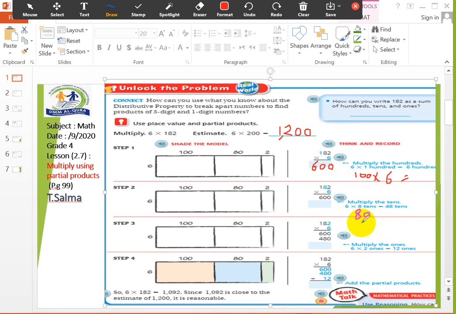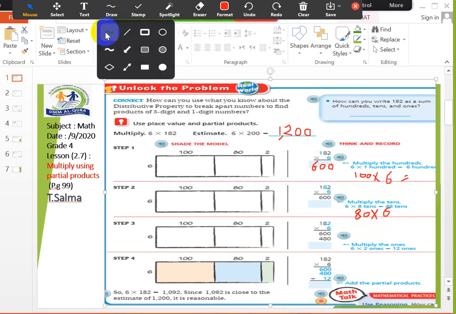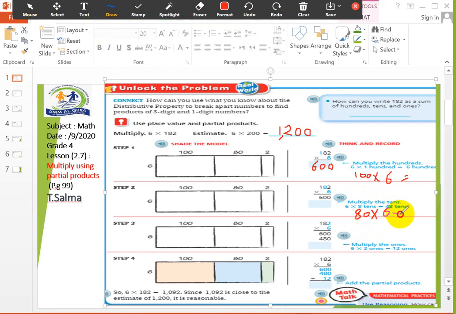Okay? 80. Now, I want to multiply the 6 with 80. That means I will multiply 6 with 8 and put the 0 next to the answer. 8 multiply 6 or 6 multiply 8 equals what? Equals 48. Okay?